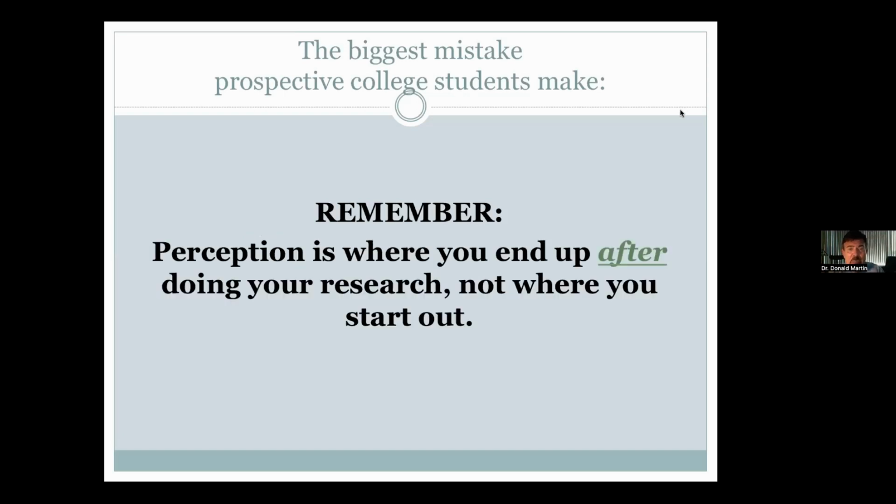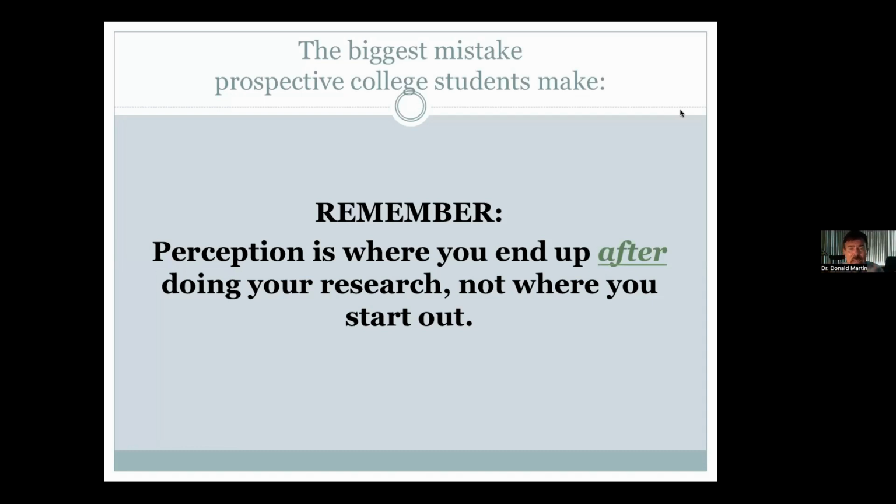So remember, when you begin thinking about where you're going to apply, even if you're thinking about this for next year, it's still not too late. Your perception about the institutions you're considering is where you end up after you've done your homework, after you've done your research, not before you ever start.